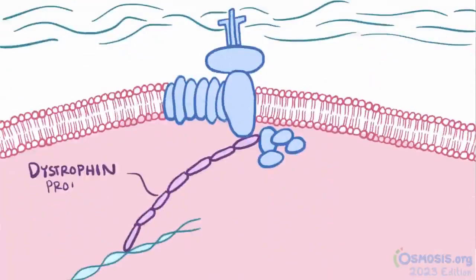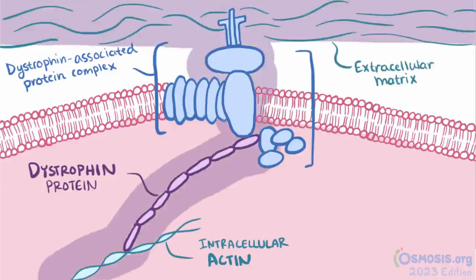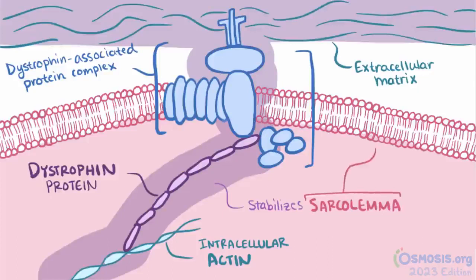Alright, so the dystrophin protein links intracellular actin with the dystrophin associated protein complex, which is a cluster of cytoplasmic and cell membrane proteins that are anchored to the extracellular matrix around the muscle cell. Making that link between the cytoskeletal actin and the extracellular matrix stabilizes the sarcolemma, or muscle cell membrane, in the same way that a large wooden support beam running along the roof keeps a house sturdy.